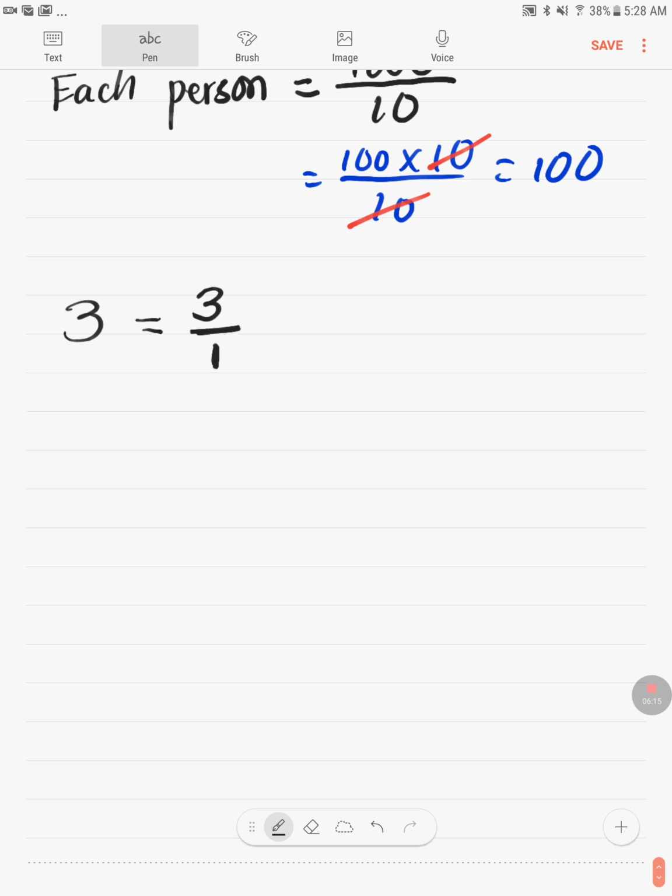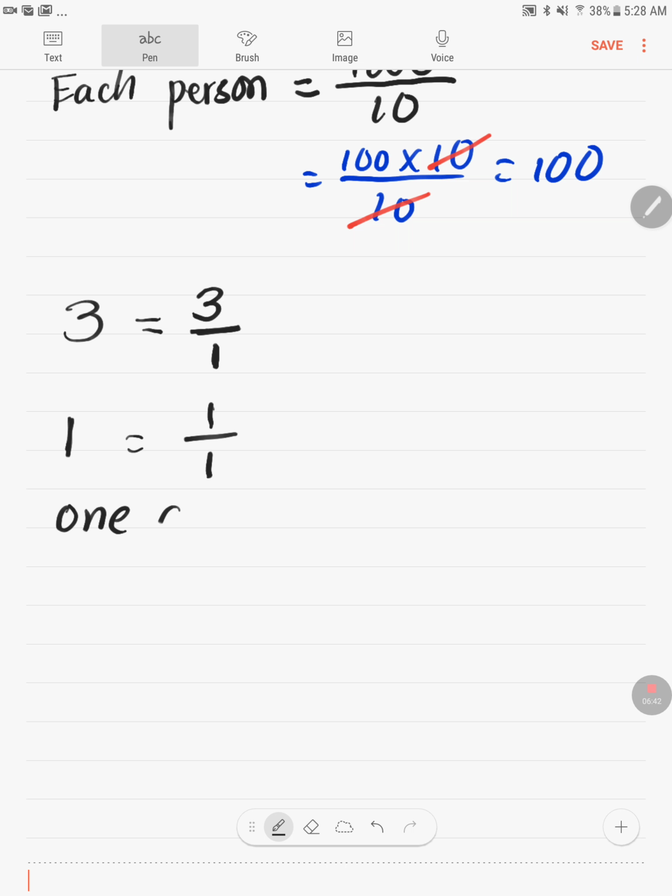Now, the number 1 will be 1 over 1. Now, if we have one apple and we divide it between 2 people, how much will each person get?